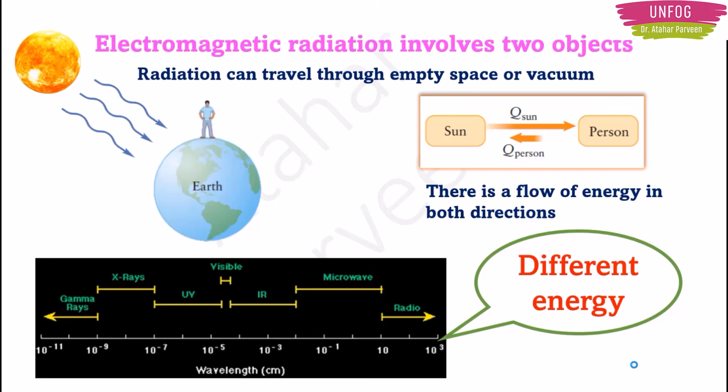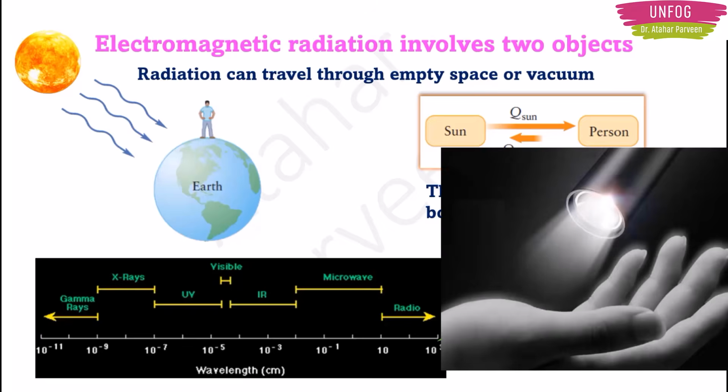Okay. Now when I say that all these radiations have different energies in different forms, I can give you a best example. If a wave has high energy, it can penetrate into our bodies. What are those rays? Those rays are X-rays, right? If you just put a torch on anybody's body, does the body become transparent?